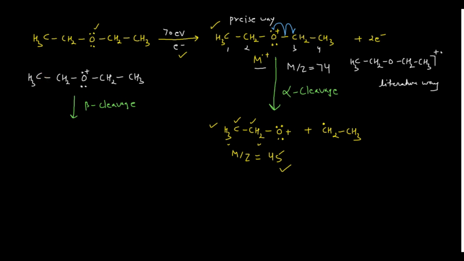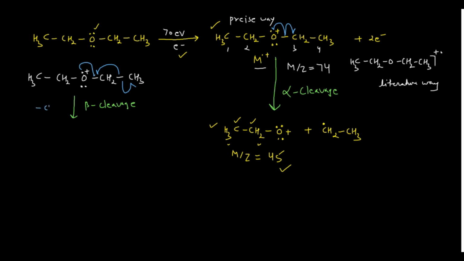So when you break this beta bond, what will happen? One of the electrons will come here, okay, and one will go onto this carbon atom, and one will come from here to here. Okay, so what you will have?